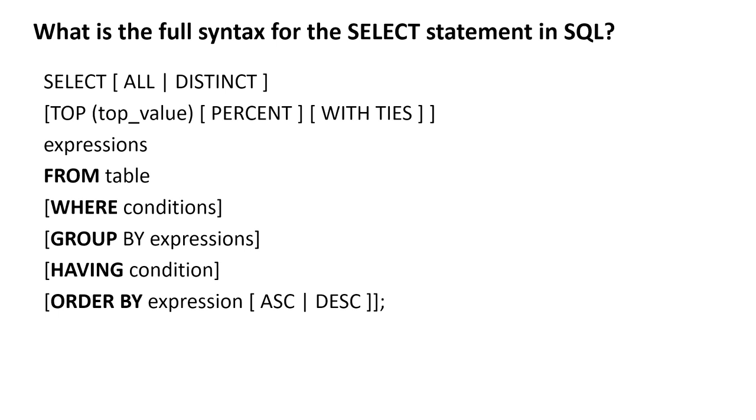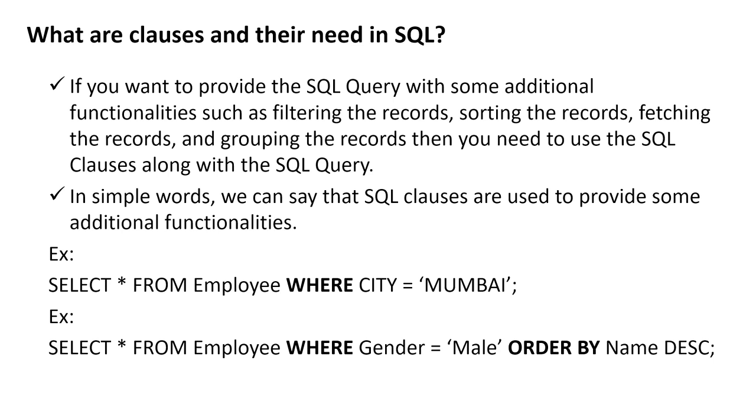What are clauses and their need in SQL? If you want to provide the SQL query with some additional functionality such as filtering the records, sorting the records, fetching the records and grouping the records, then you need to use an SQL clause along with the SQL query. In simple words, SQL clauses are used to provide some additional functionality.